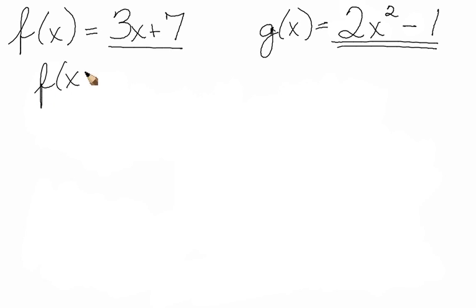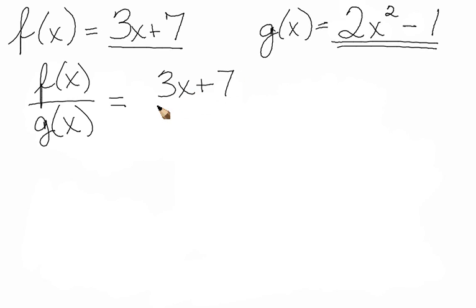So f of x divided by g of x, you plug in the two function rules. So 3x plus 7 divided by 2x squared minus 1. And you would try to simplify this if you could. I don't think we can simplify it at all. So this is it.